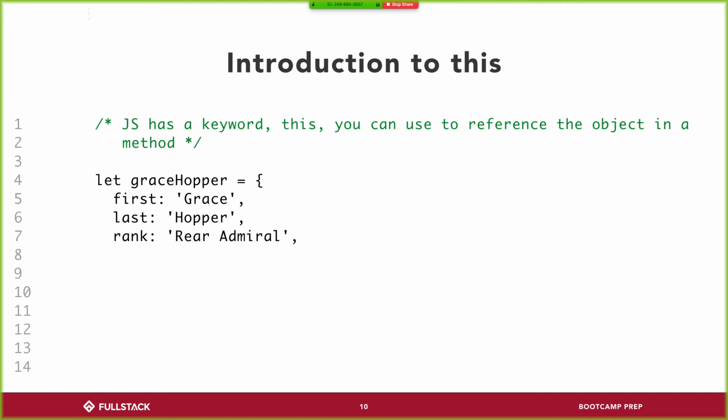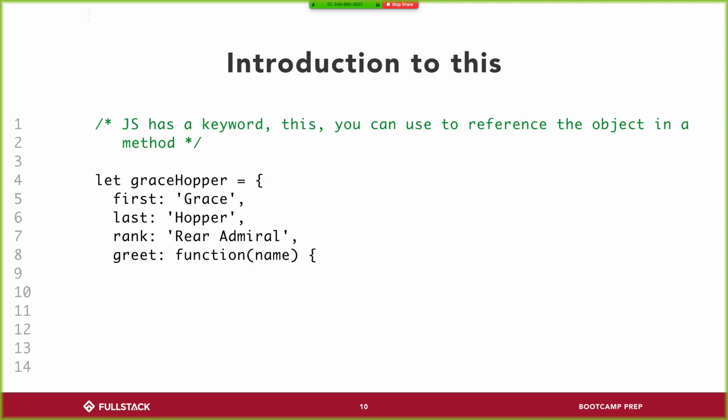But what's even better is using this. And this is something that confuses a lot of people, and it's a confusing concept, but what it all boils down to is this is just an object. It's just referring to an object.